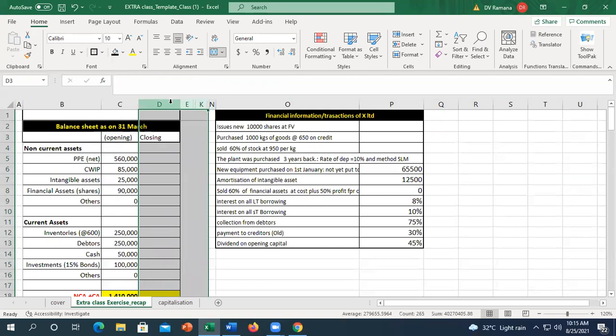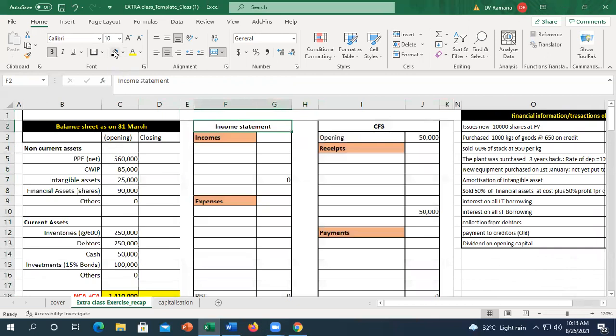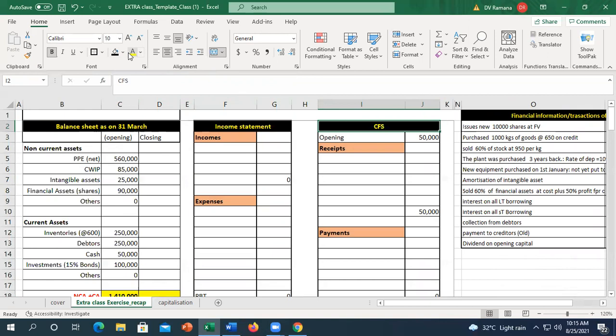It is always advisable to prepare both the income statement and cash flow statement, along with the balance sheet, because all these three financial statements are interconnected and interrelated. In this session, we are not getting into the statement of changes in equity.